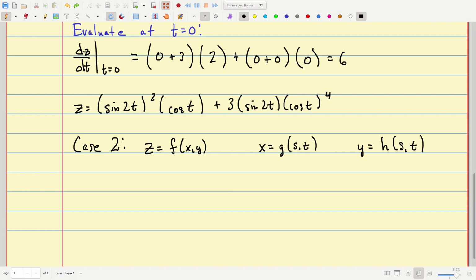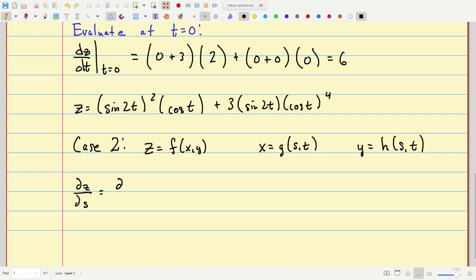All right. So we need to be able to differentiate this expression with respect to s and t. Now, here we get the partial derivative of z with respect to s, because z ultimately depends on 2 different independent variables as opposed to 1 like it did in the previous case.